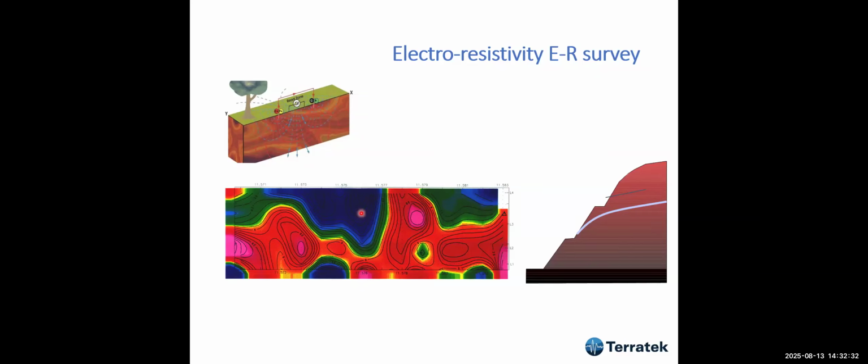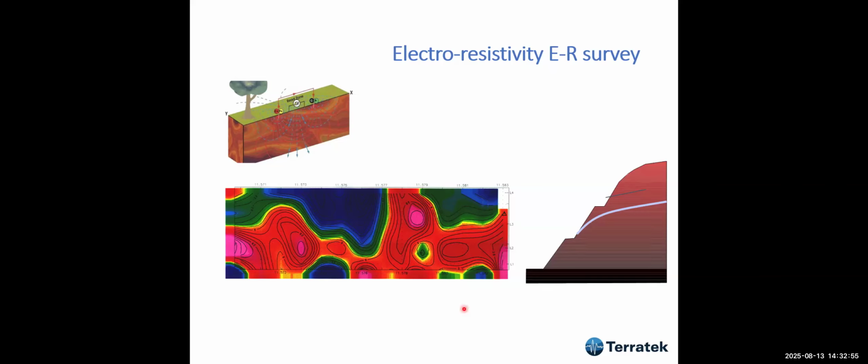Okay, we have much more water here, and these areas which are yellow or perhaps red have much less water. So by doing that, we were able to install these subhorizontal drains exactly where there was a lot of water. Okay, so this is an example.